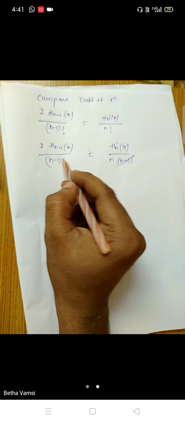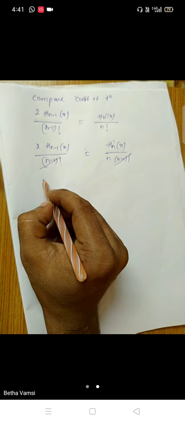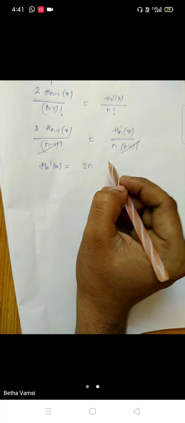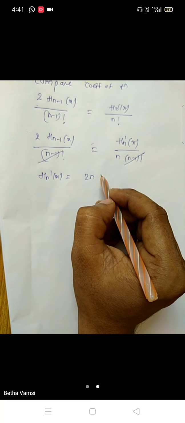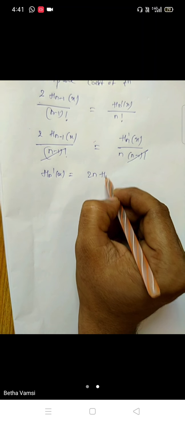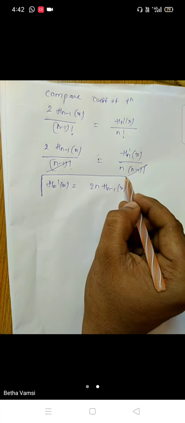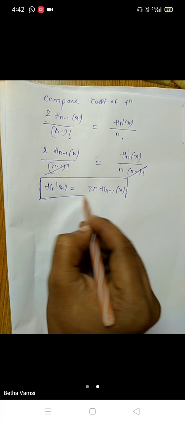So n minus 1 factorial will cancel out. So you will get H prime n of x is equal to 2n H n minus 1 of x. Okay, so you got the first recurrence relation of Hermite polynomials.